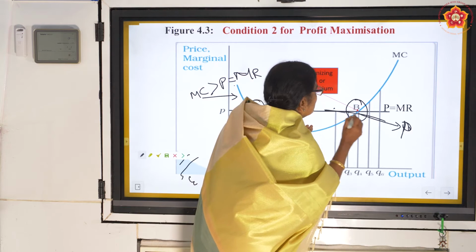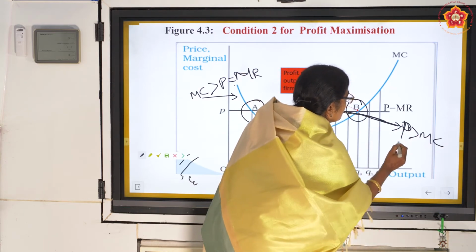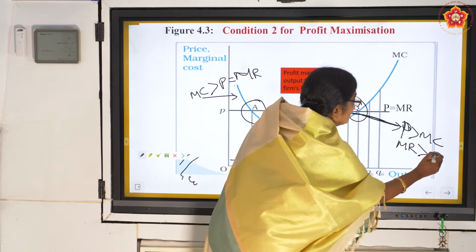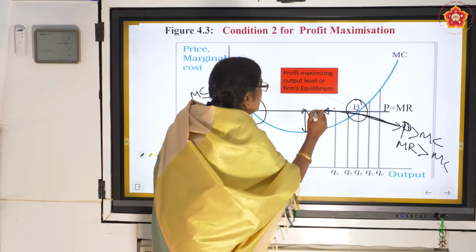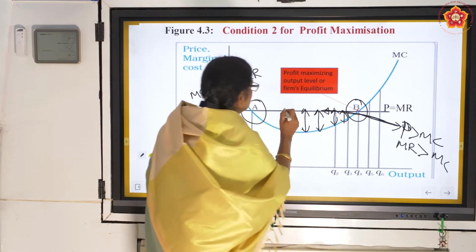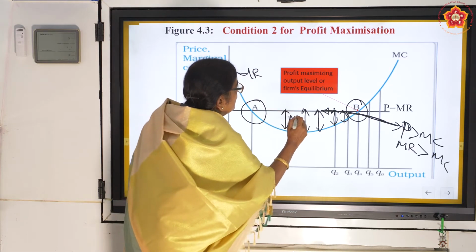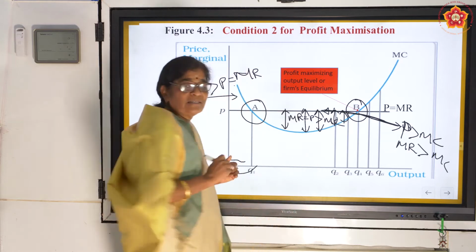From here we can say price is greater than MC, or MR greater than MC, at this point. Everywhere in this area, MR or price is greater than MC.